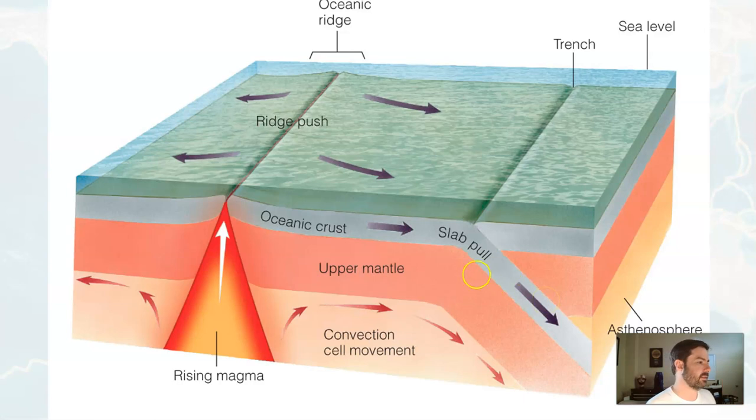So that's slab pull. And then ridge push, again, as magma rises up in these spreading centers, it pushes up. That's why it's a ridge. These areas get pushed up a little bit to form these spreading centers, these long mountain chains. That's where the push-up comes from, because that magma is pushing it up.